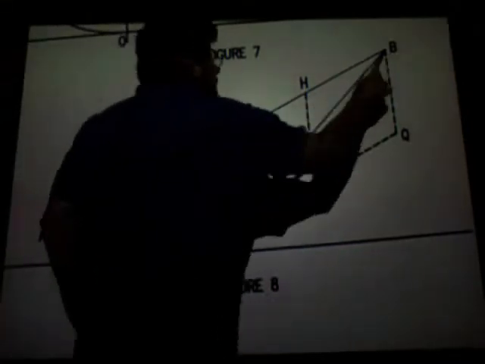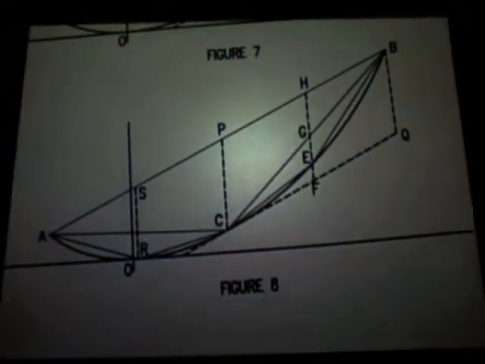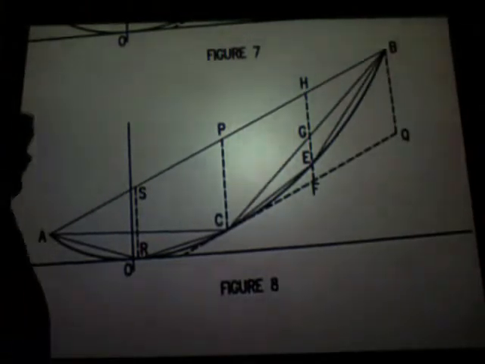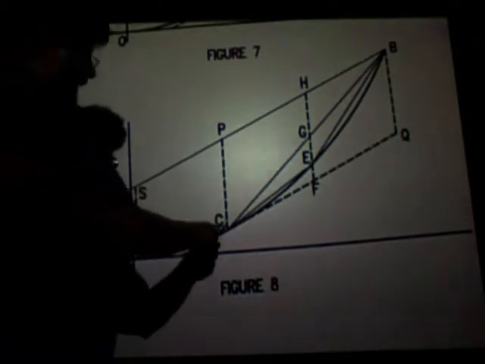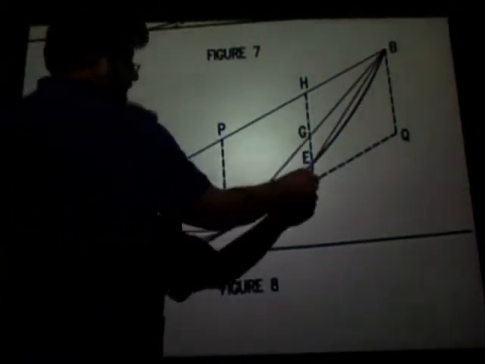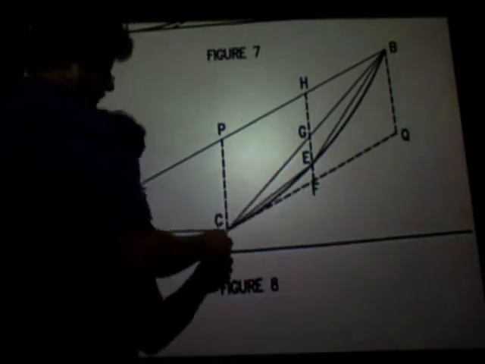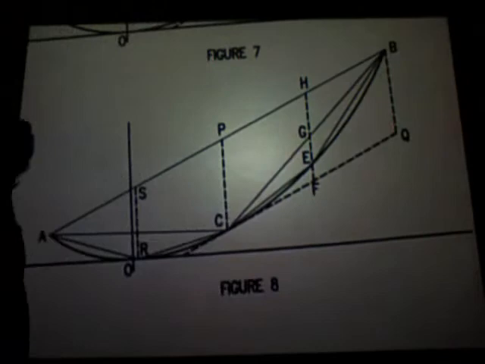This being the little guy, and this being the big one. Okay, and what else can we say? This is a diagonal of a parallelogram. So this triangle has the same area as this one, right? That's true.